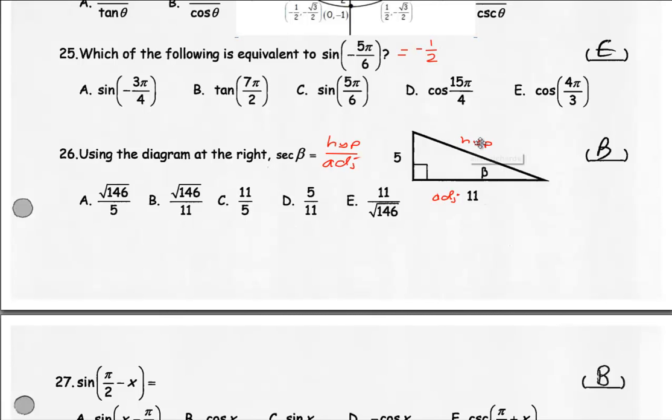The hypotenuse value squared is equal to 5 squared plus 11 squared. So basically it's the root of 5 squared plus 11 squared. So 5 squared is 25. 11 squared is 121.